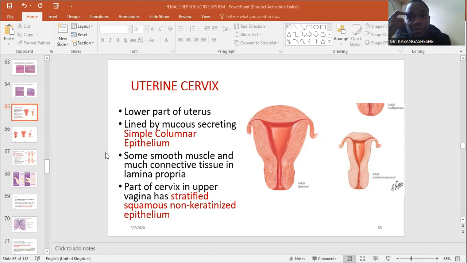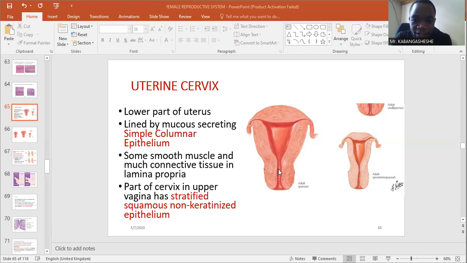Now, the endocervix has a mucosa which is lined by simple columnar epithelium. So simple columnar epithelium lines the endocervix, whereas the ectocervix is lined by stratified squamous epithelium, non-keratinized. So that is consistent with the vagina. The vagina is also non-keratinized stratified squamous epithelium.